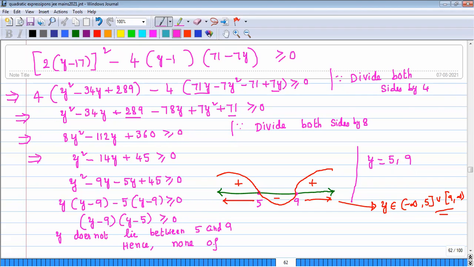So according to the problem, none of the values of y over R lie between 5 and 9.